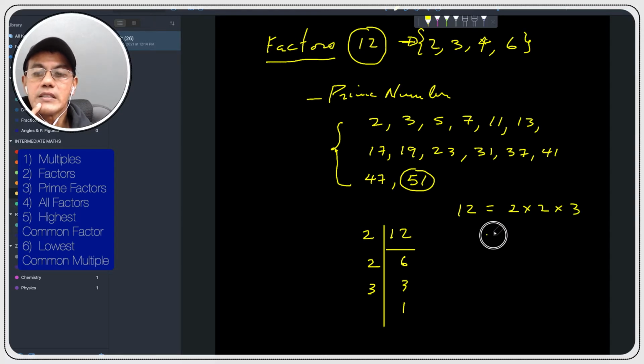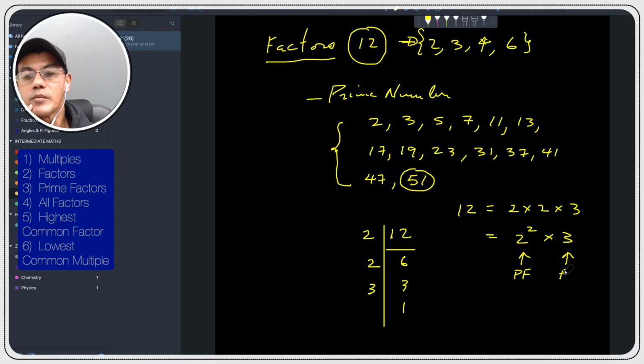And if you write this as 2 to the 2 times 3, these two numbers here are prime factors. Why are they prime factors? Because 2 is a prime number and it is also a factor of 12. 3 is a prime number and it's also a factor of 12.